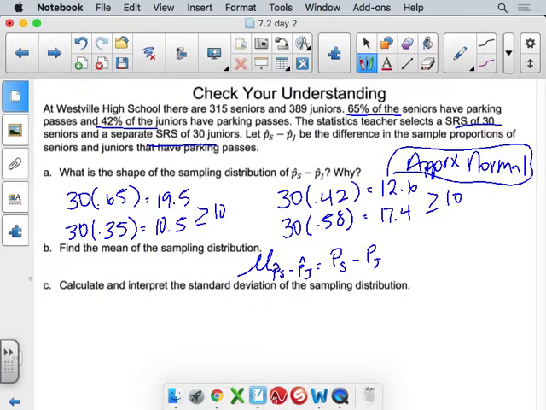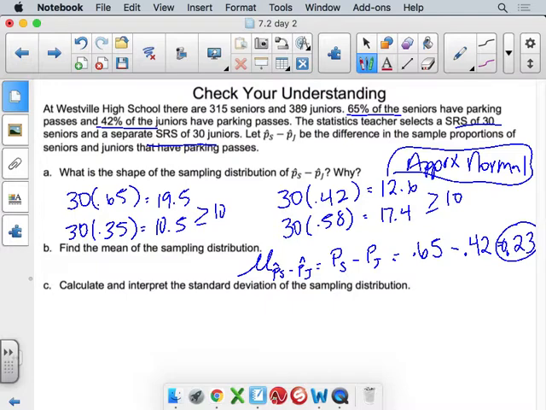So like your sample of juniors who have a parking spot is going to resemble the population of seniors that have a parking spot. So the population is 65%, and the junior population proportion is 42%. So our typical samples are going to represent those to have a difference of 23%. 0.23 is our mean.